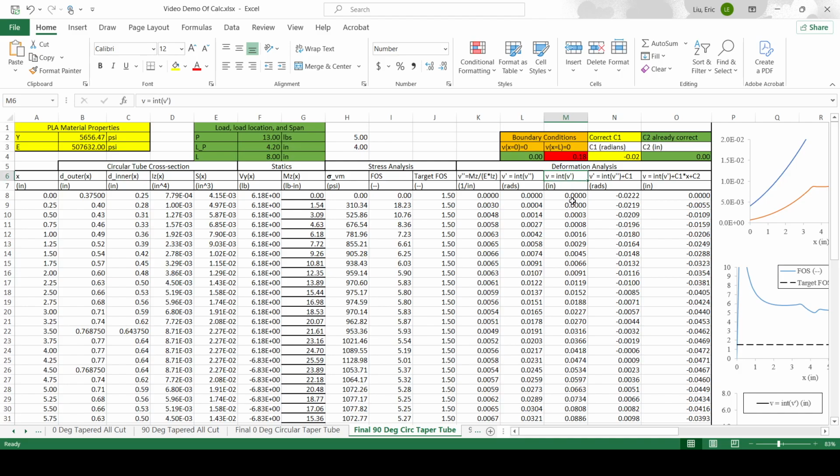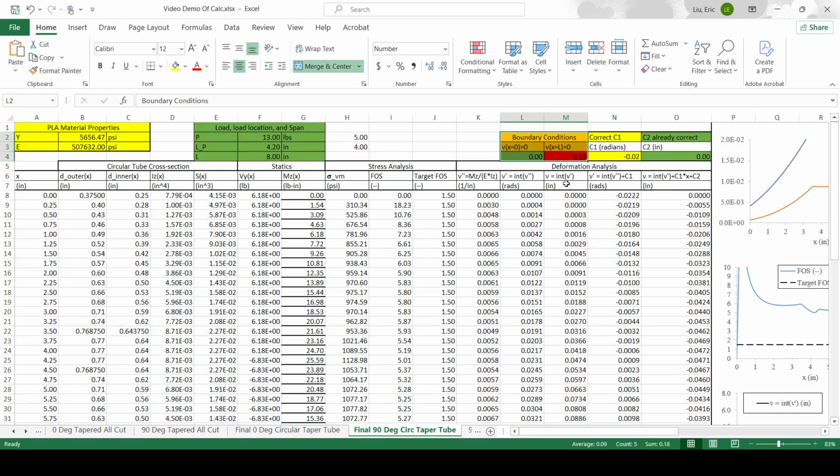And then we have another integral. And these two take into consideration the constants that are created from integration. So you can see up here we have corrected constant, which is a result of some form of calculation. And as a result, the boundary conditions.